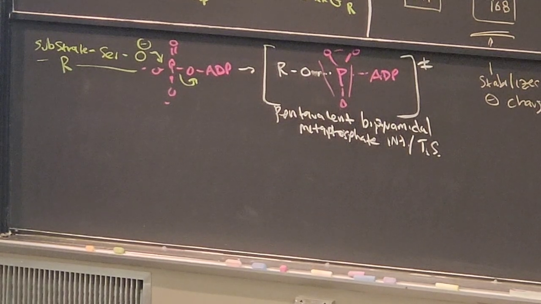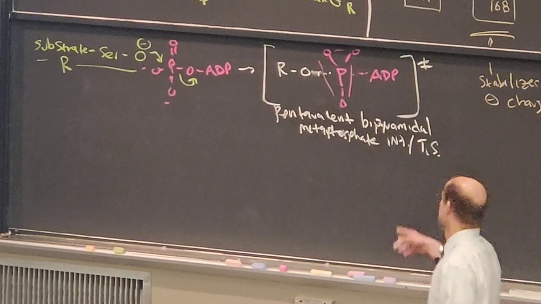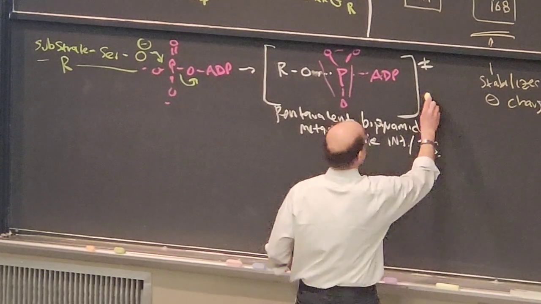Now, two more points I want to leave you with regarding PKA. The first is, if we look at the overall structure of PKA, and then of course, I guess I should finish this for you, right?